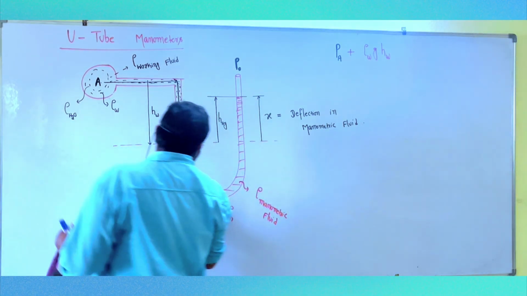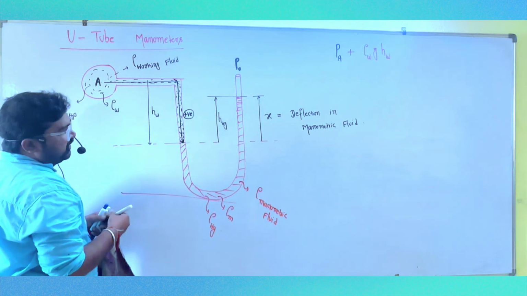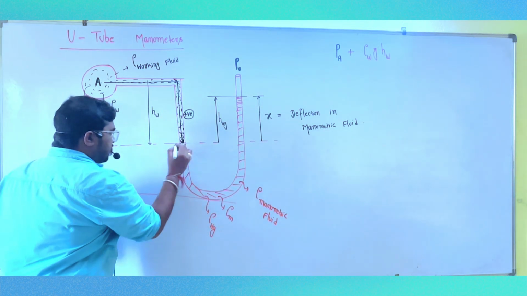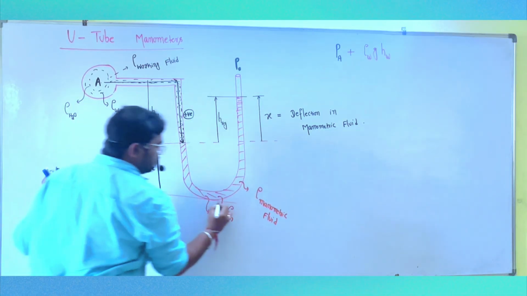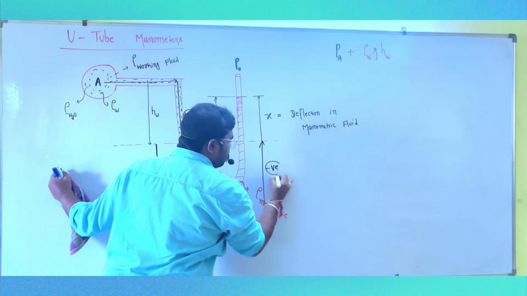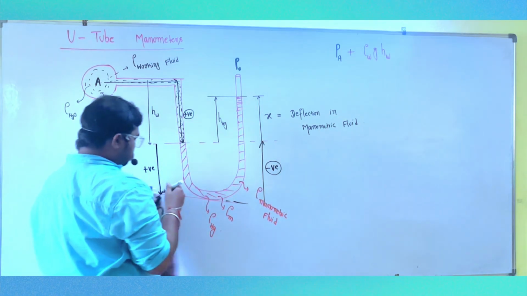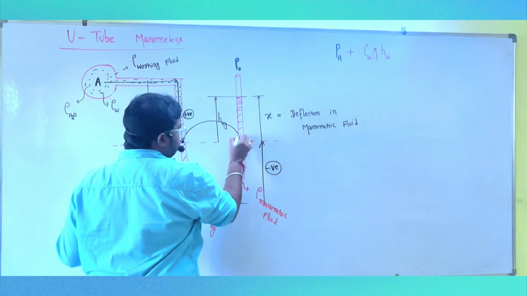Coming down is positive, moving up is negative. Same height of the same fluid column, that is why we jump from here to here.